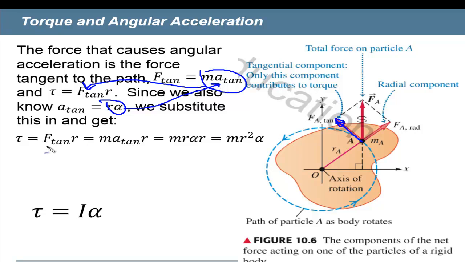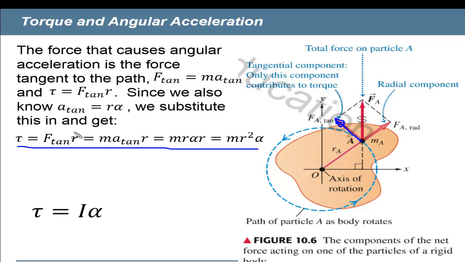We'll get a very short and sweet relationship between torque and angular acceleration. So we follow along with the substitution here, but all we really did is substitute M A tangent in for F tangent, and then R alpha in for A tangent, and we end up with the torque is equal to m r squared alpha.